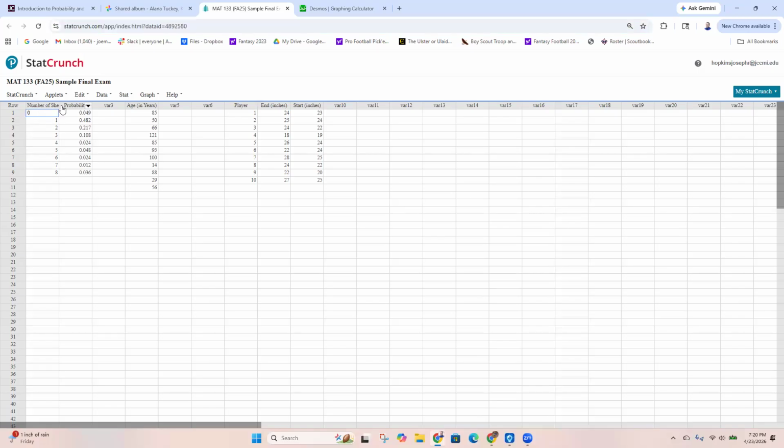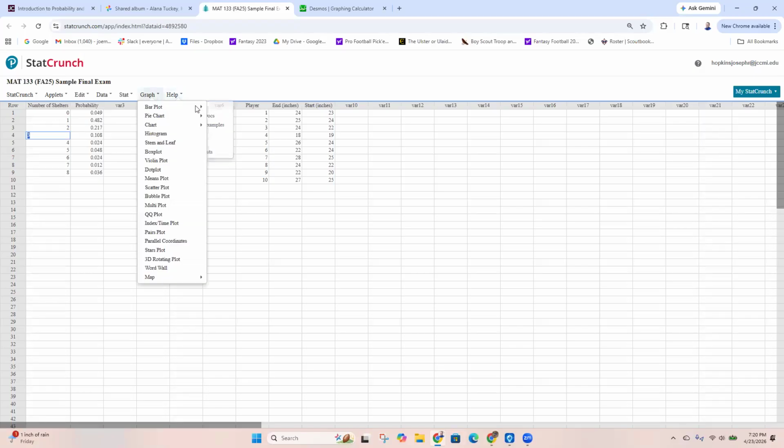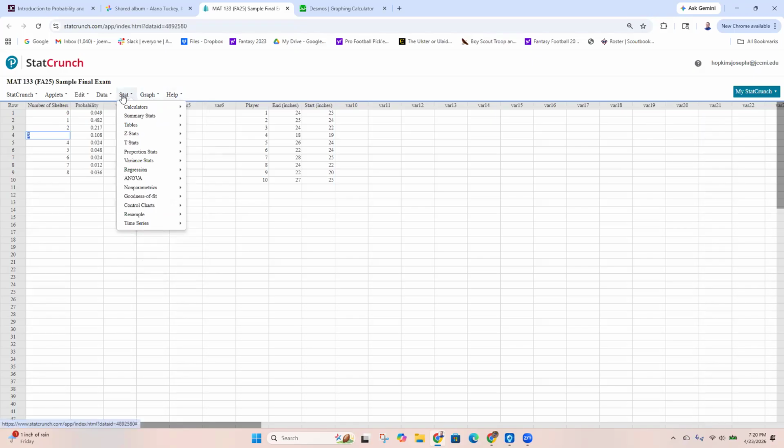So we have it here. This is the number of animal shelters in each county and the probabilities. But what do I click on in StatCrunch? We've done stat calculators, stat t-stats and stat regression, so it's probably stat something. Or if you're not sure what buttons, because you don't have it memorized, and I don't expect you to, we have our exam notes packet.